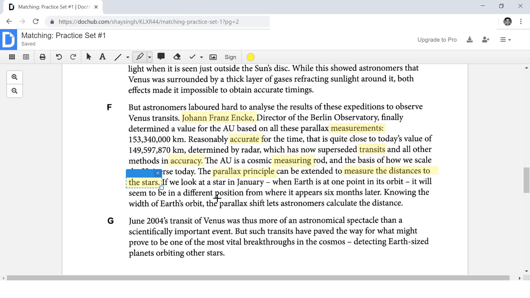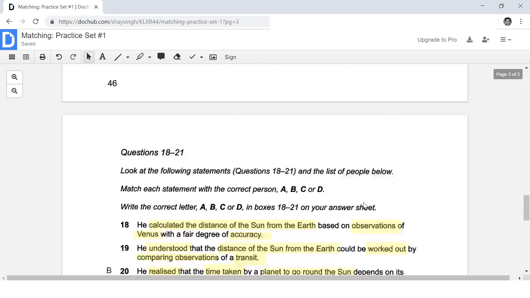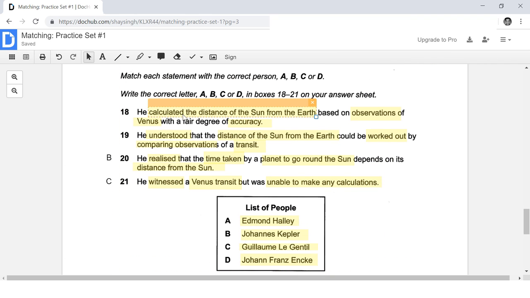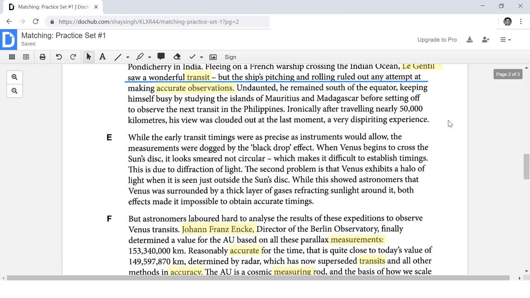Okay, and here it says how parallax shift lets astronomers calculate the distance. So I remember that here it mentions calculating the distance of the sun from the earth. So let's go ahead and read this sentence.